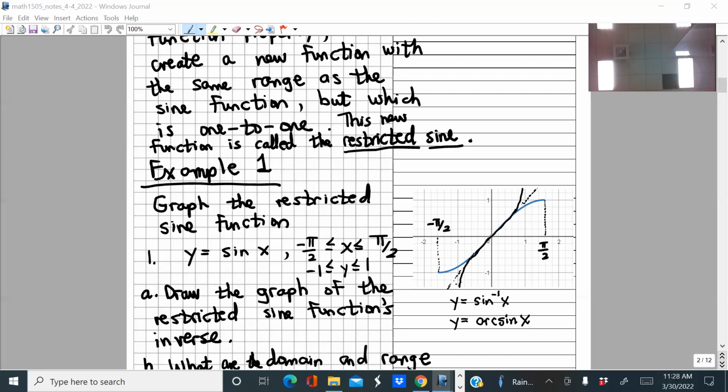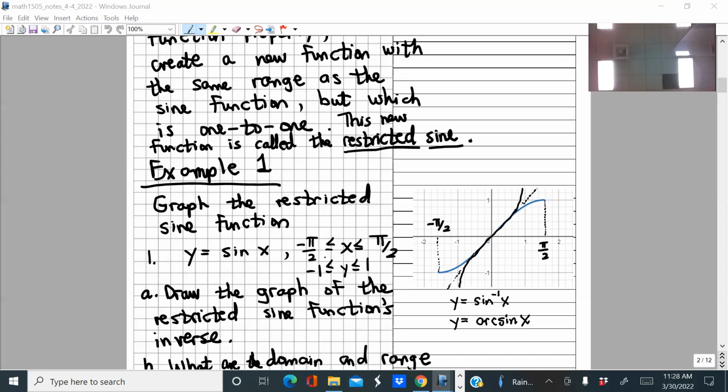The graph is not all that important to us. We're really not going to be using the graph of the inverse, but that's what it looks like. It's got a nice curve, but nothing special.